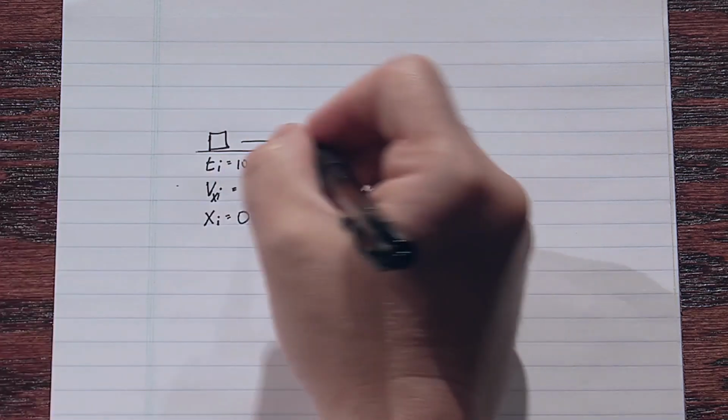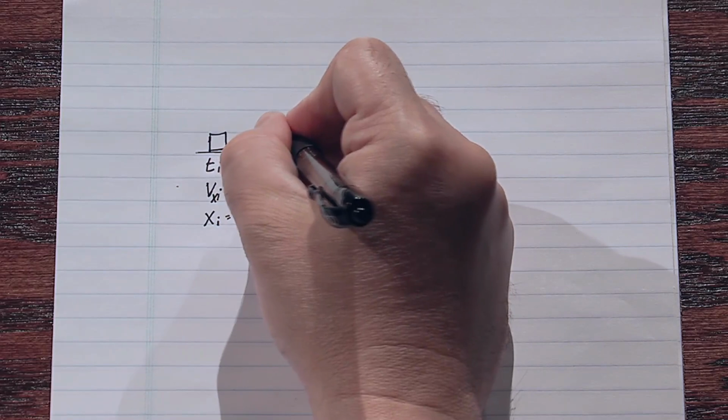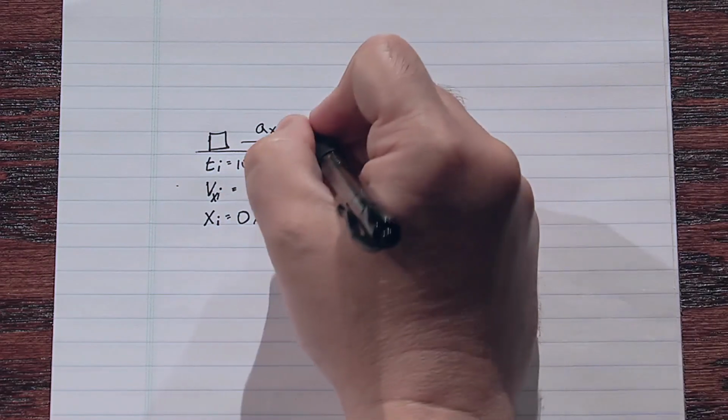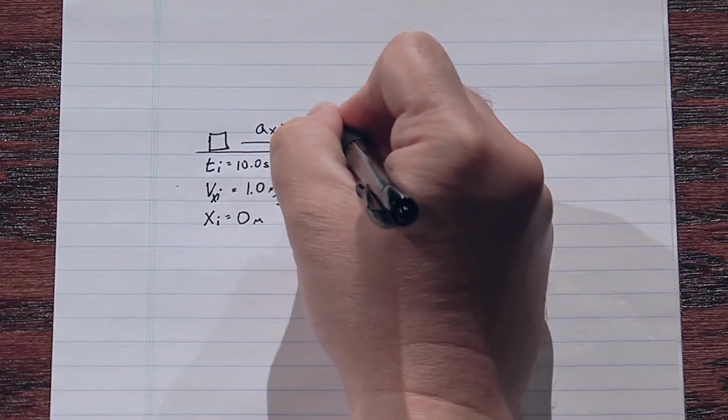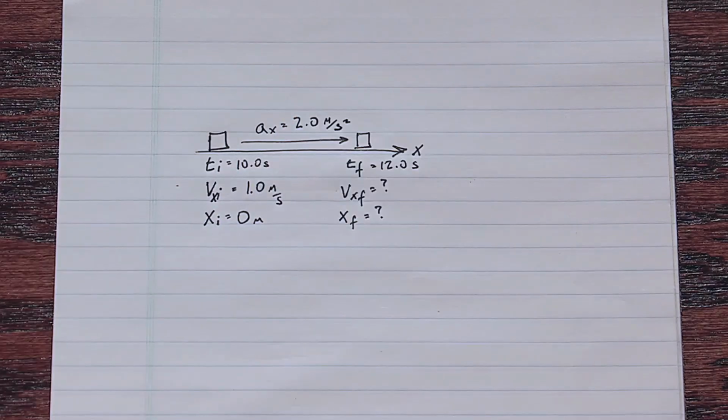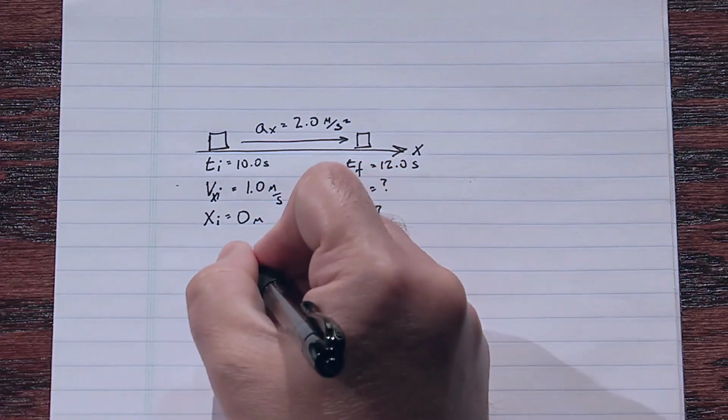We do know that the car is accelerating in the x direction with an acceleration of 2.0 meters per second squared. Now, so far, we've diagrammed the situation. We've listed all of our knowns and our unknowns. And since we have a change in position, a change in velocity, and a change in time, we know that this is a kinematic situation.